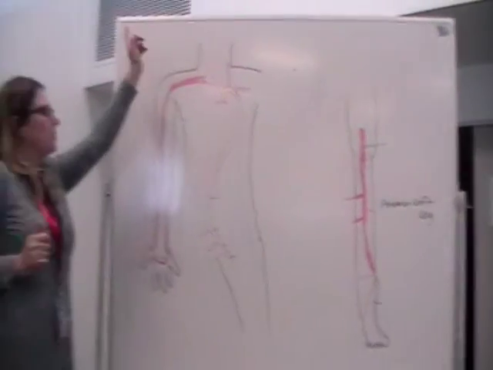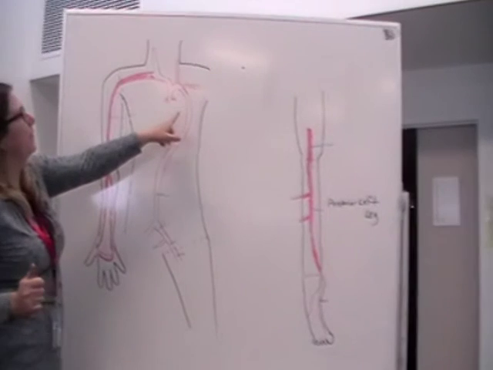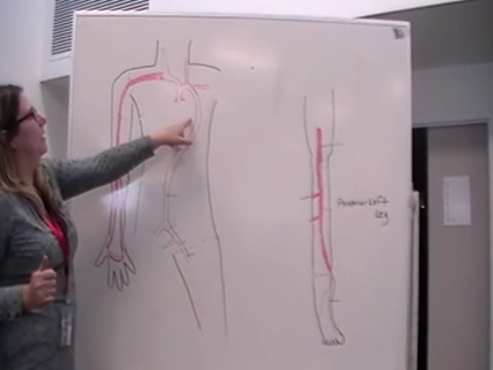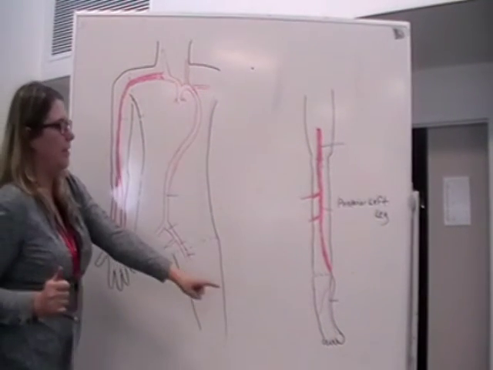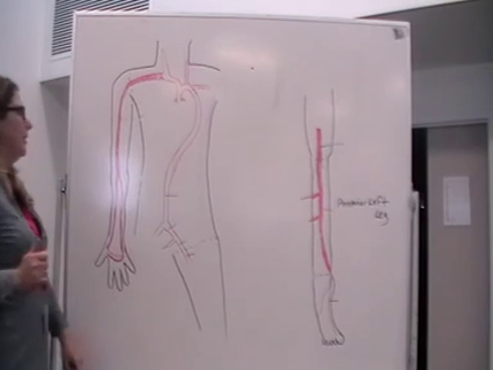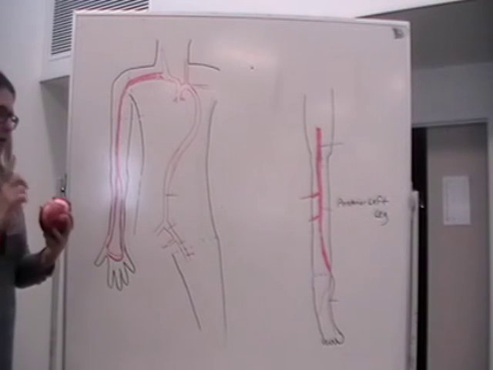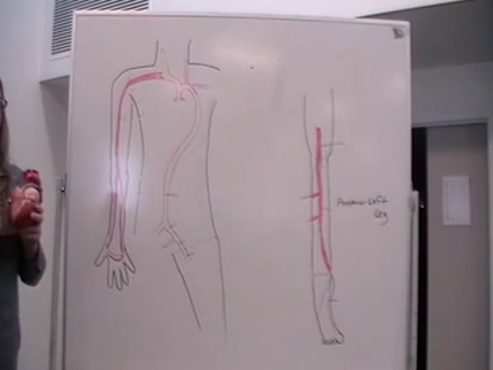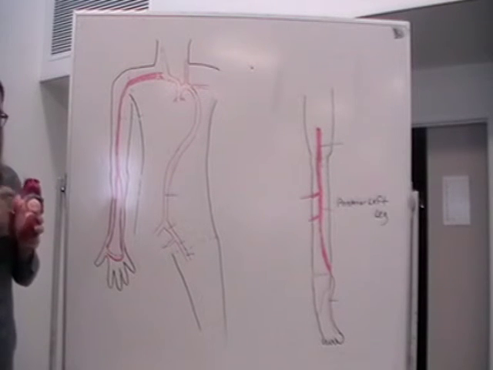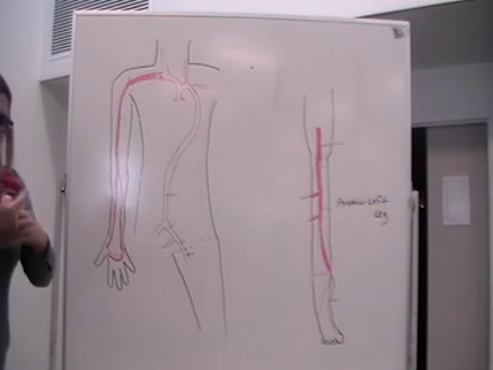So we're going to describe the flow of blood from the left ventricle to the plantar surface of the big toe and back. Okay. Alright, so blood's going to go from the left ventricle, then what valve? Aortic valve through the aorta.